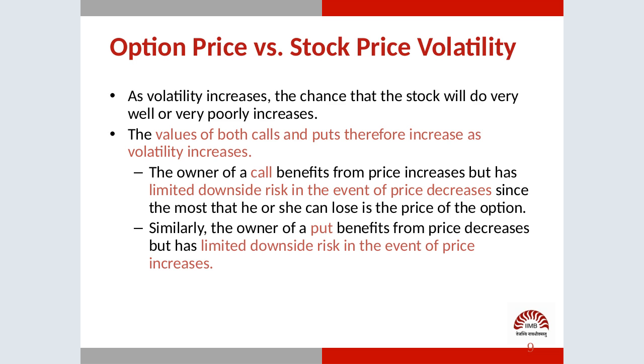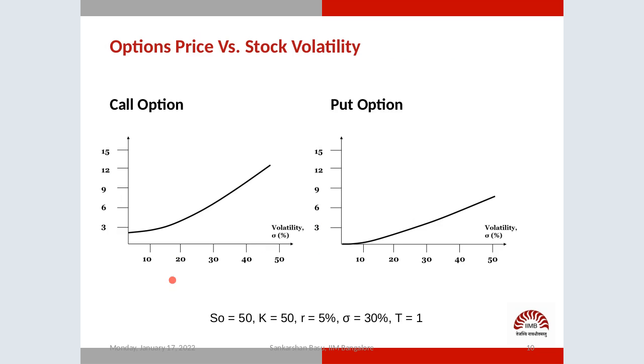So on both sides, when the option can be exercised, the variability increases and therefore the profits in that scenario increase, whereas on the other side the downside risks are limited and do not change. The maximum loss you can incur is only the option premium, and hence both the call option and put option prices increase, both for European and for American options. And you can see the graph.